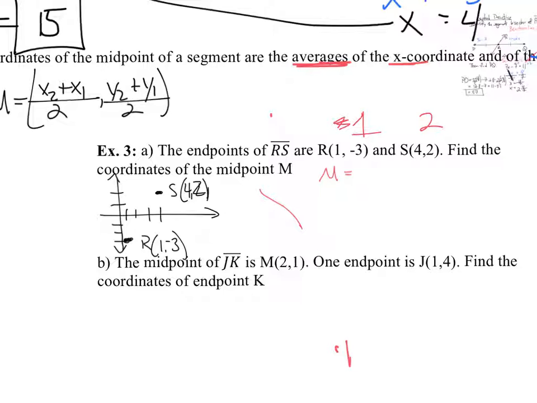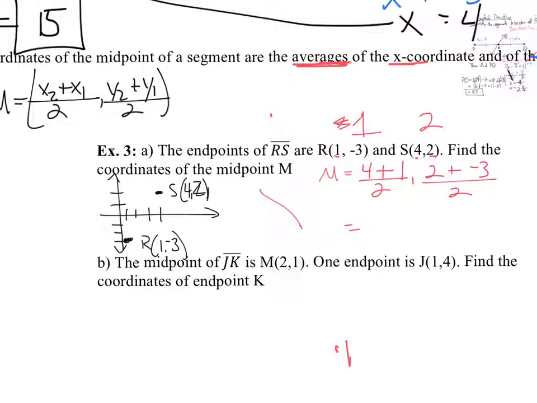So in this case we have x2, the 4, so I get 4 plus x1, this 1, divide that by 2, comma, y2, which is this 2, plus y1, which is a negative 3, divided by 2.